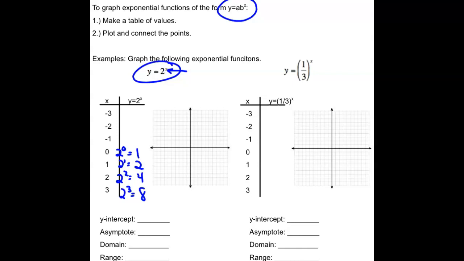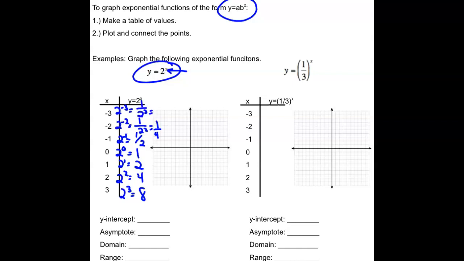And then also remember, with negative exponents, we have to flip it. So 2 to the negative 1 is actually going to be 1 over 2, 1/2. 2 to the negative 2 is going to be 1 over 2 squared, which would be 1/4. And then 2 to the negative 3 is going to be 1 over 2 cubed.